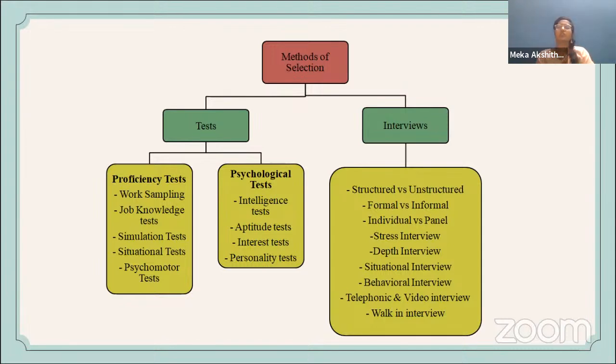For example, if the interviewer wanted to know how much stress the candidate can handle, or their decision-making skills, he or she would say there is a fire accident in the organization, you are in a managerial or leadership position, and every other employee is coming to you and panicking.